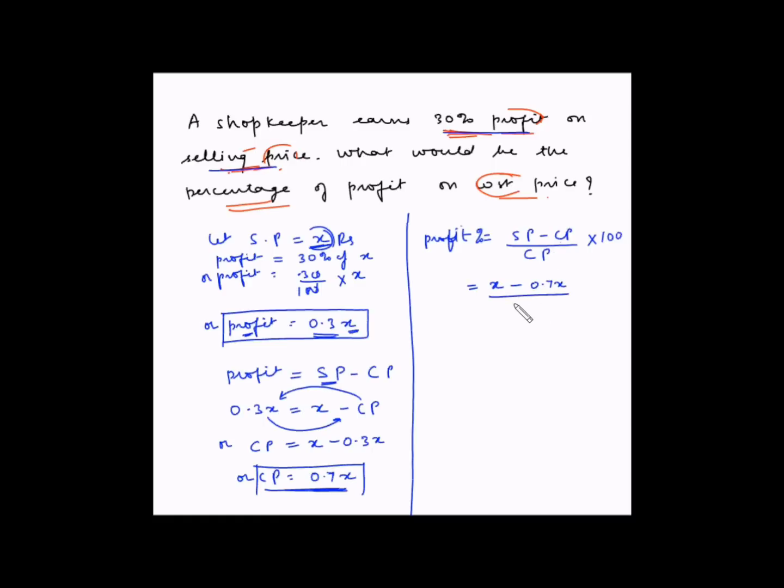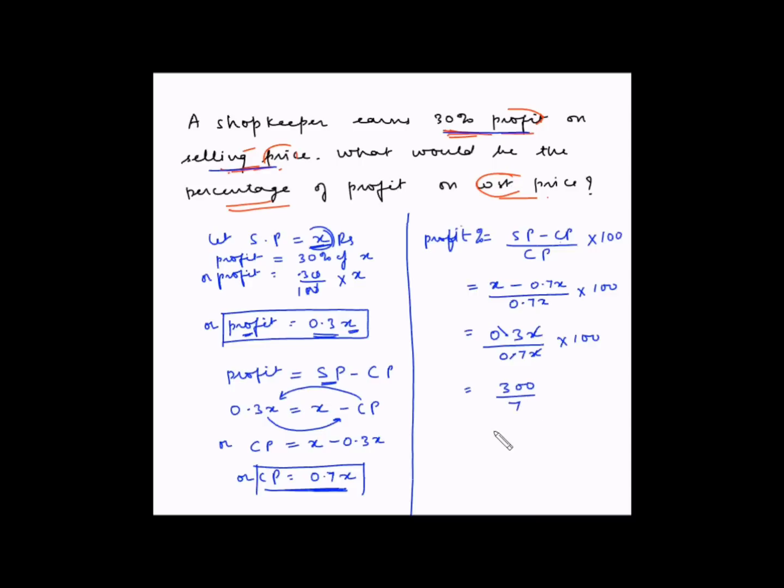Now cost price again is 0.7x, and this multiplied by 100. So 1 minus 0.7 is 0.3 times x divided by 0.7 times x multiplied by 100. So decimal can get cancelled, x and x get cancelled. So this is equal to 300 divided by 7.